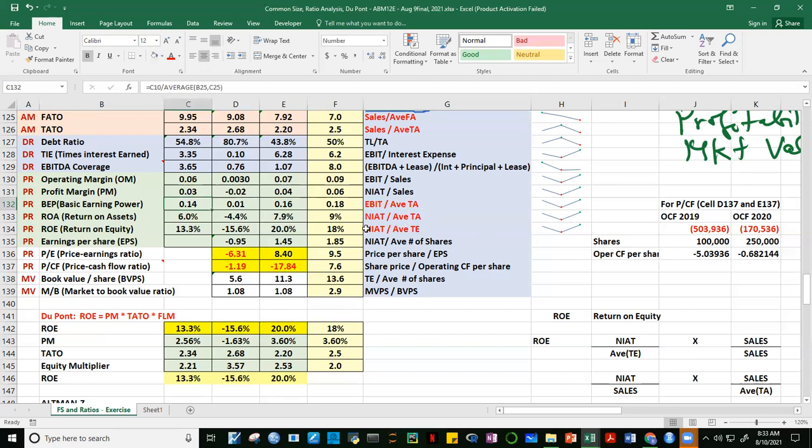Just to show you the formula, it's EBIT C10 divided by the average of my total assets, B25 C25. Sabi natin kahit na walang 2017, okay lang kunin yung average. Babasahin lang ni Excel as nothing, no?